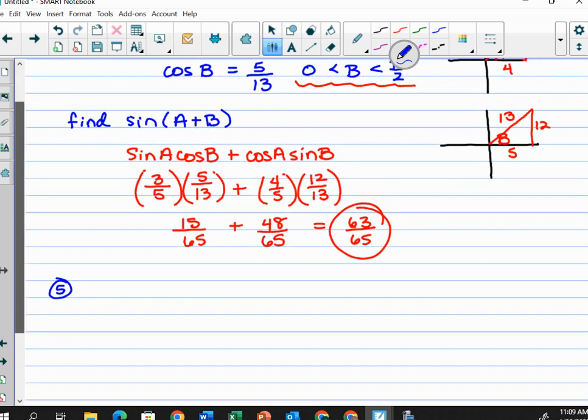You guys will try this one by yourselves. Cosine of A is 5/13, and A is in the first quadrant. Sine of B is 4/5.